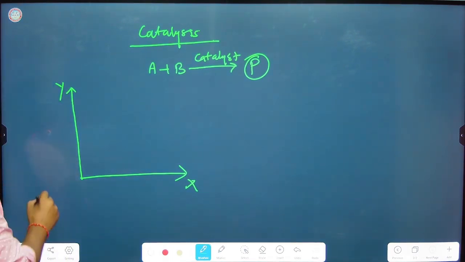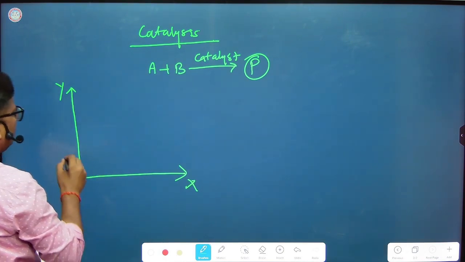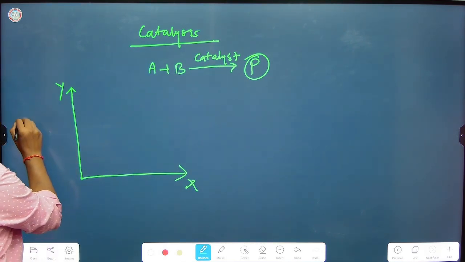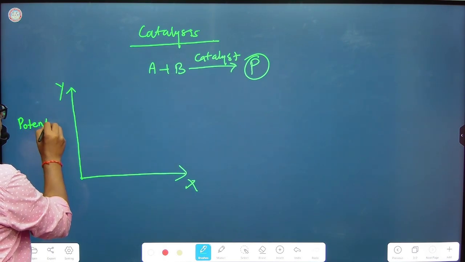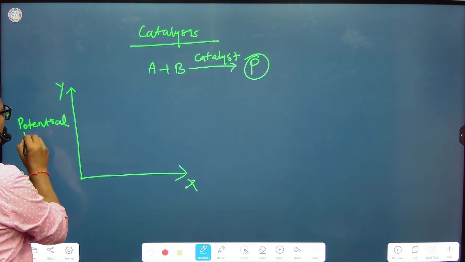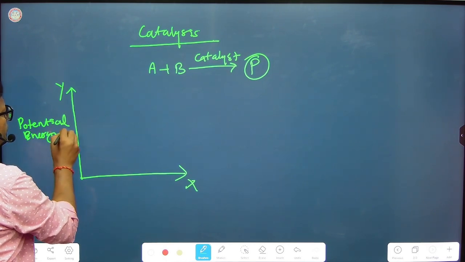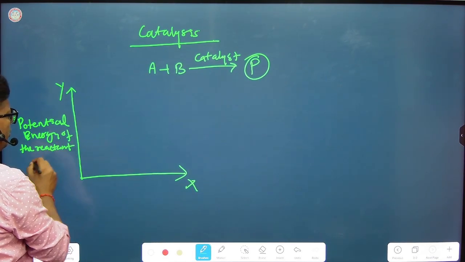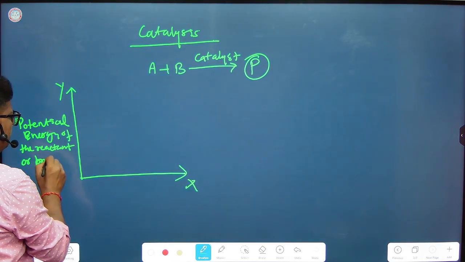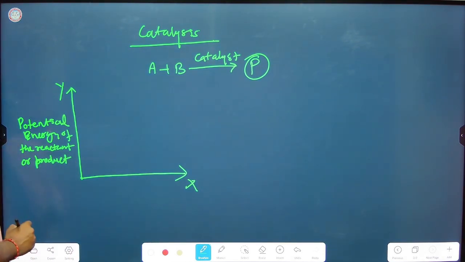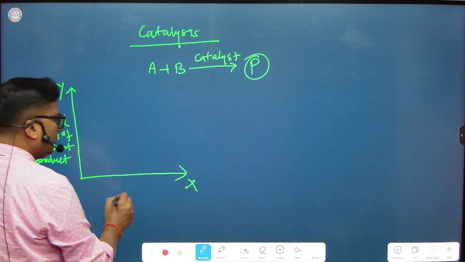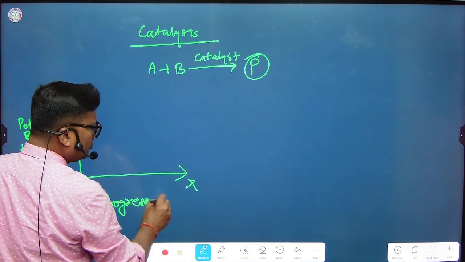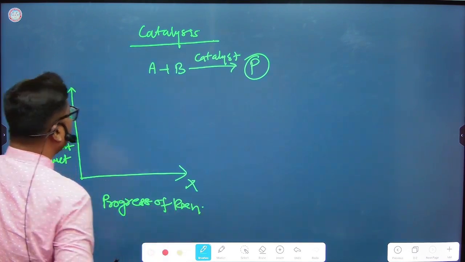On the y-axis, we can show the energy, or simply you can say the potential energy of the reactant or product, right? And this is the progress of reaction.